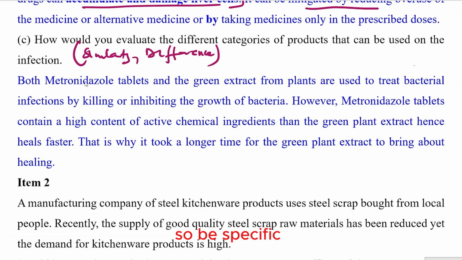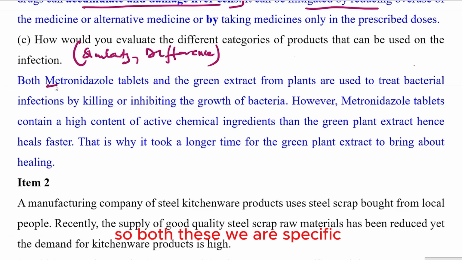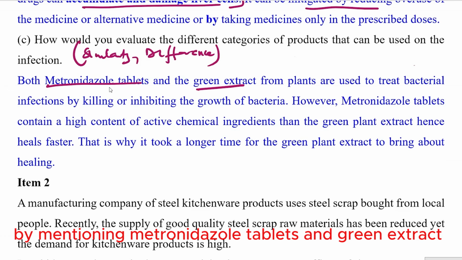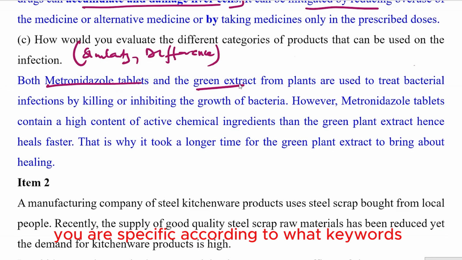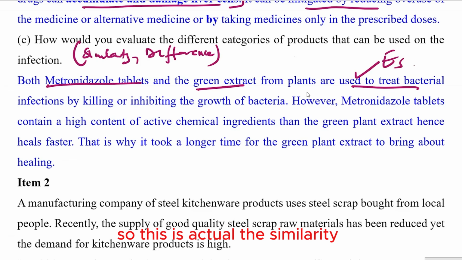So be specific by looking at what the task and the scenario want. So here, we are specific by mentioning metronidazole tablets and green extract. You are specific according to what keywords appeared in the scenario and the task. So both metronidazole and green extract are used to treat bacterial infection. So this is actually the similarity.